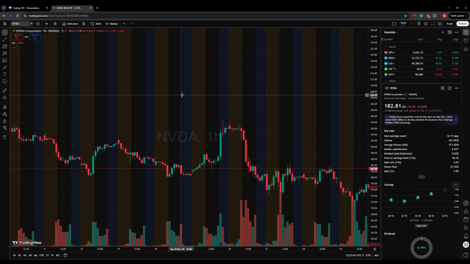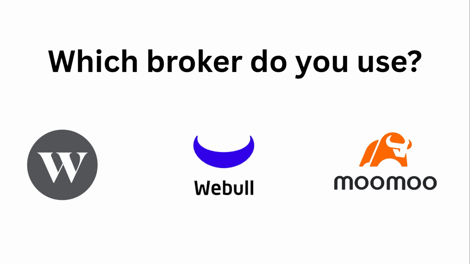But that pretty much for now concludes what you're going to be using on a daily basis on TradingView. So we can go back to the other point to get into brokers. Here are the different types of brokers, the three main ones, at least in Canada.